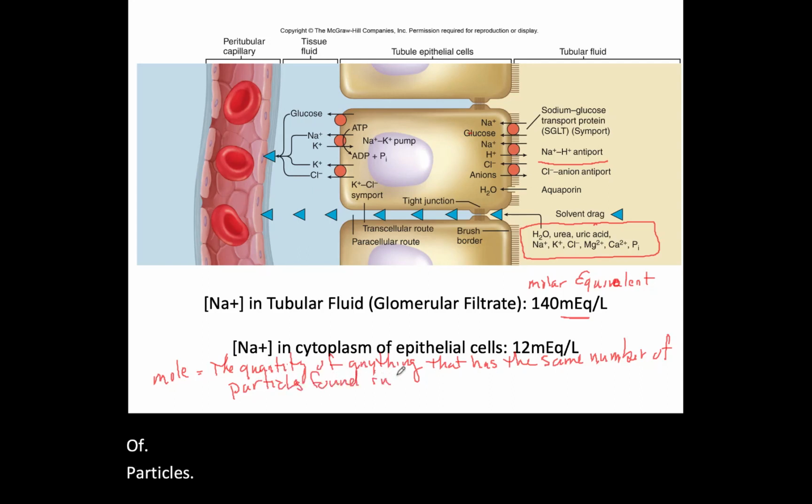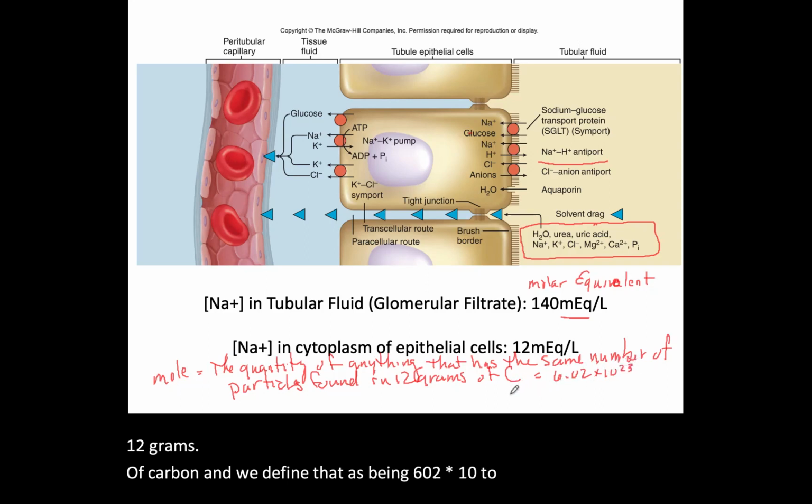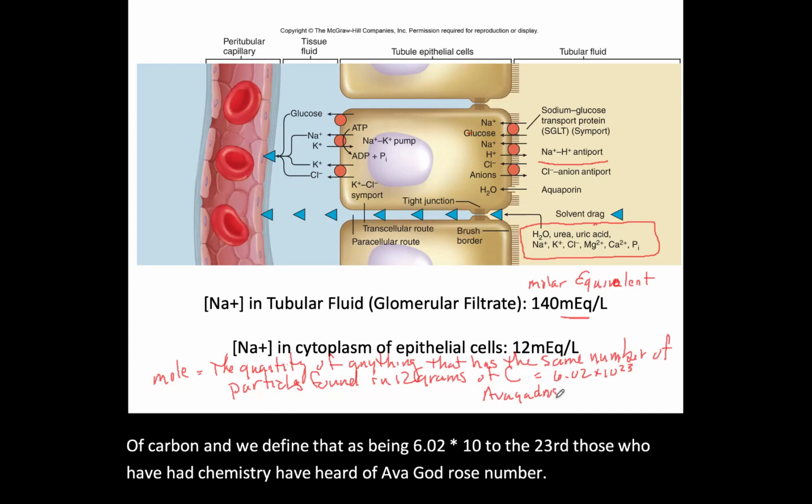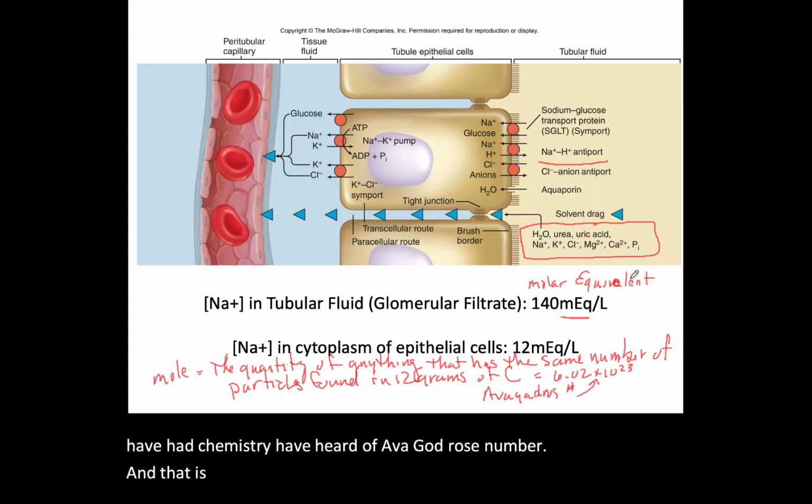found in 12 grams of carbon. And we define that as being 6.02 times 10 to the 23rd. Those of you that have had chemistry have heard of Avogadro's number. And that is what Avogadro's number is.